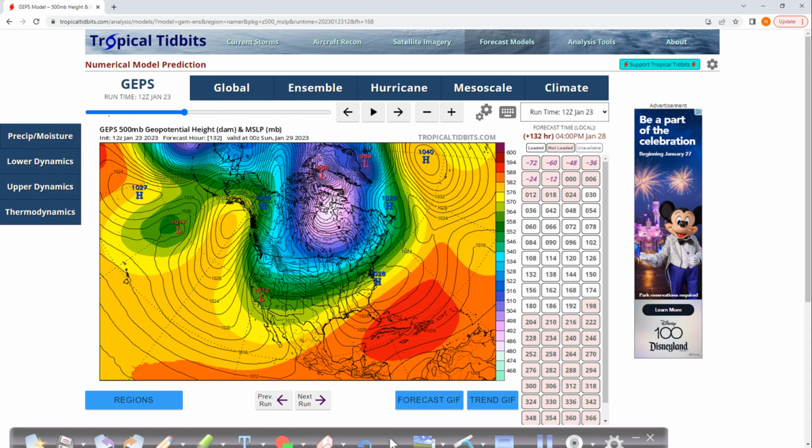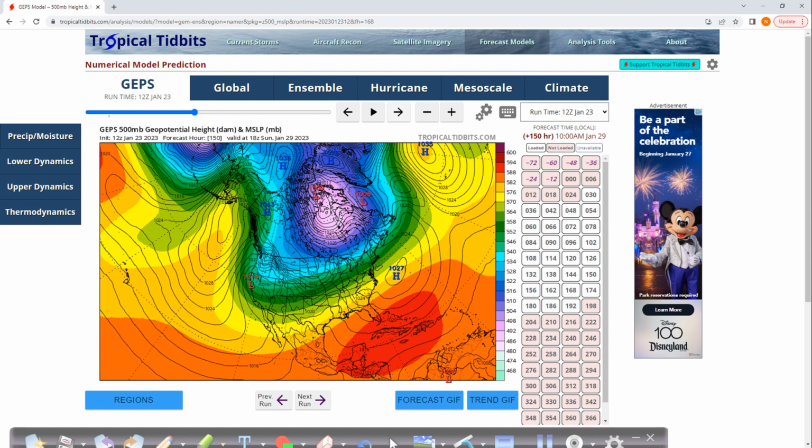So when you see these big ridges and these big troughs in the average, then there's really good agreement that something like this is going to happen. When you see it more flattened out, as you'll see in the long range, then, well, I'll tell you here in a second.